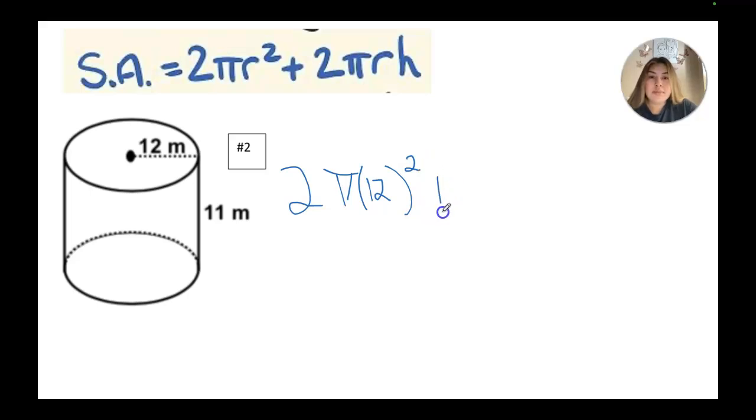Plus 2 times pi times radius, which is 12, and our height is 11.